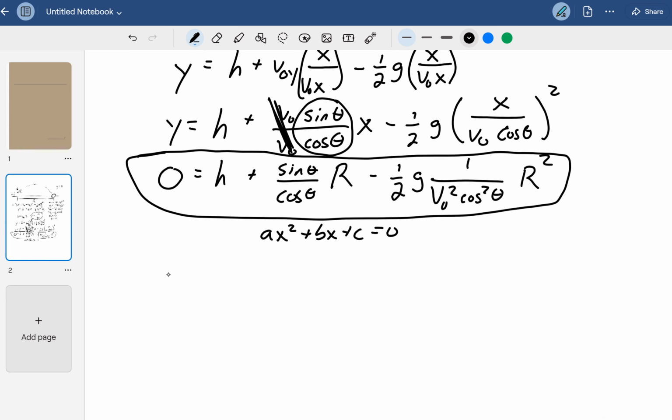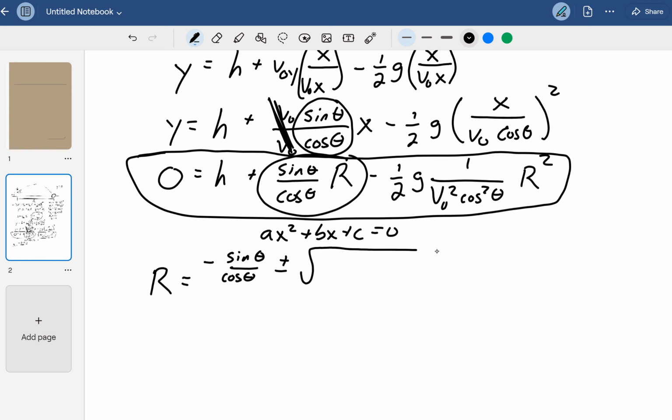So our quadratic formula tells us that the solution to a quadratic equation, x, or in this case, R, is equal to negative b, that's negative coefficient of the linear term, that's this one. So it's going to be negative sine over cosine, plus or minus square root of b squared, so that's going to be sine squared theta over cosine squared of theta, minus 4 times a, well, a is the coefficient of the squared term, so that's all of this stuff here, this big mess, negative 1/2 g times v0 squared times 1 over v0 squared cosine squared there.